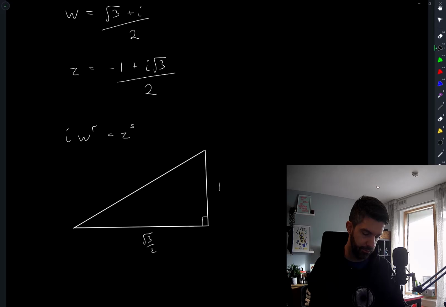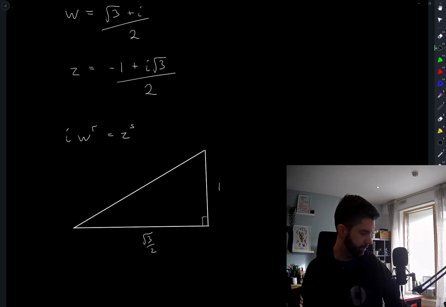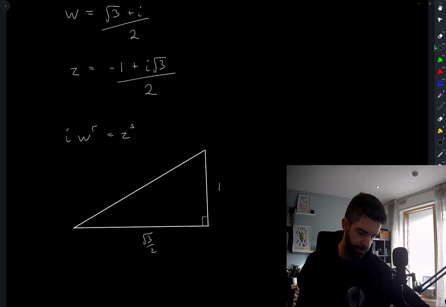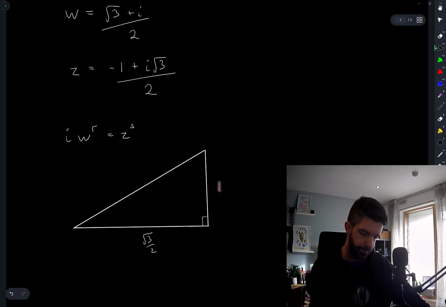So the modulus is going to be this squared, 3 over 4, plus 1. That's a strange modulus, right? Well, it's going to be the square root of that, of course. Oh, sorry, this is 1 over 2. Okay, this makes a lot more sense. So I have 3 over 4 plus 1 over 4.